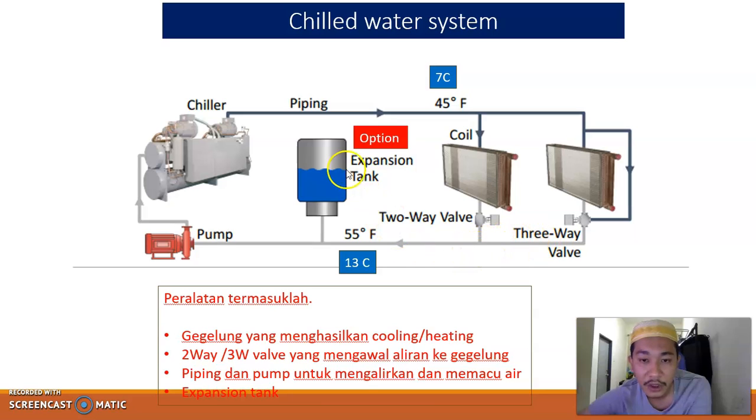water system. Usually the temperature going to the cooling coil is about 45 degrees Fahrenheit, which is about 7 degrees Celsius. It comes back to the chiller at about 55 degrees Fahrenheit, which is about 13 degrees Celsius.